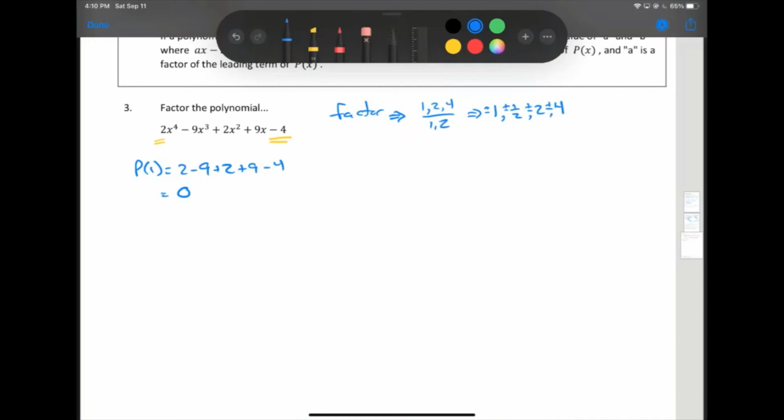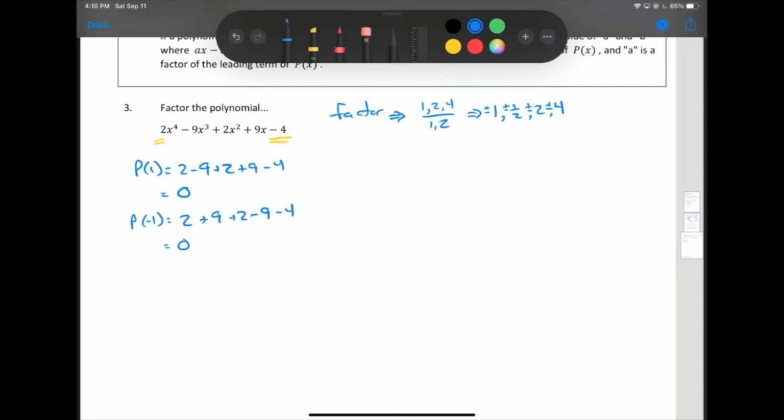It's up to you. I might say trying -1, 2, and -2 are easy, so let's just see what happens. -1. Okay, so we try -1, we get out 2 plus 9 plus 2 minus 9 minus 4. And that one works. So we found 2 of our factors.